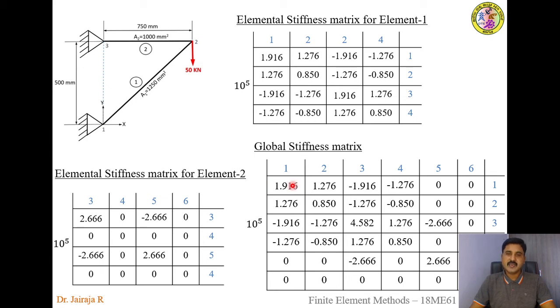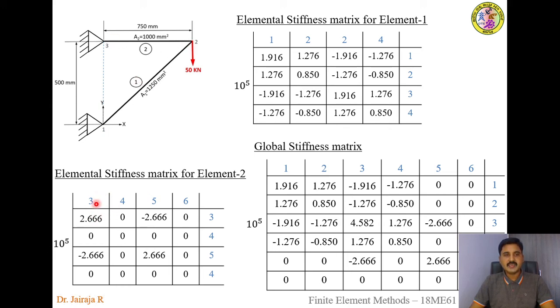So there are 6 boxes. First, the elemental stiffness matrix we need to write separately, like 1 2 3 4. Here also 1 2 3 4. Here 1 2 is for node 1, and 3 4 is for node 2. Similarly, element 2 is formed between node 2 and node 3.